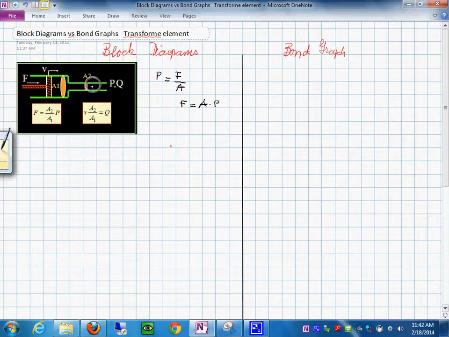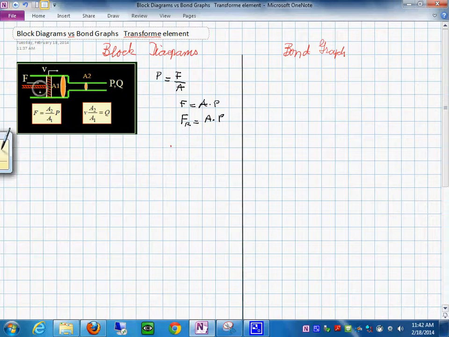So on this side, the force on the right hand side, let's call it F, is the area times the pressure here.